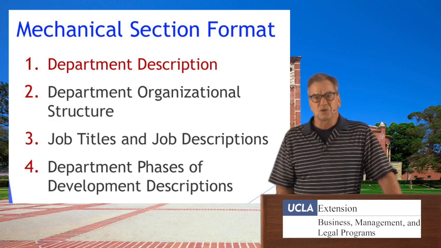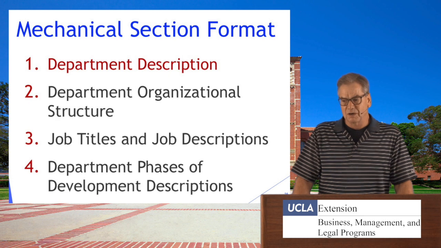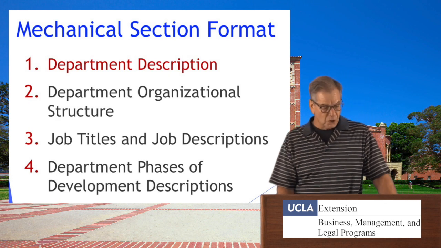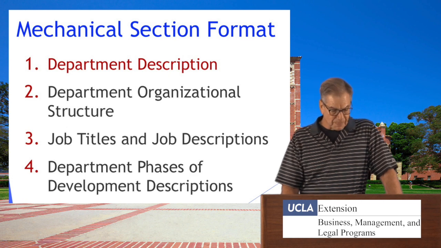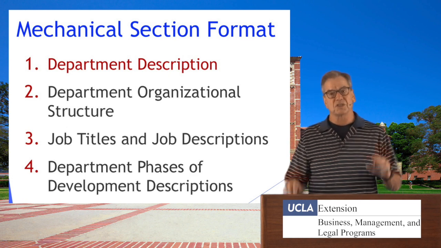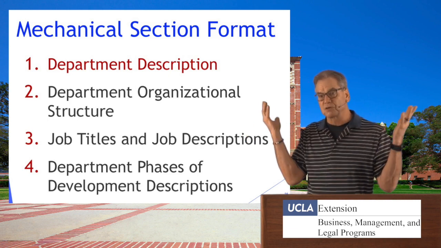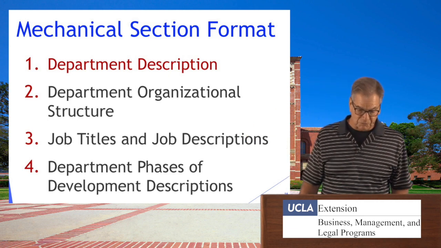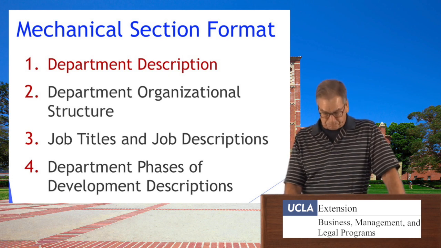I now want to get into the four sections, or the four-part format, for a mechanical section. So when we take the organizational structure, for every box on our org structure, that's a department, including administration. So the first thing we want to do is write out a department description.